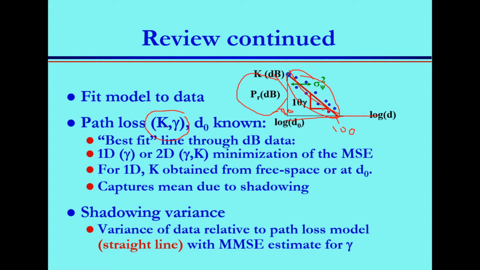Shadowing variance is the variance of data relative to the path loss model, which is the straight line that I obtained with the minimum mean square error estimate for gamma. You must know that this is the best you can achieve. So this is basically path loss and shadowing.